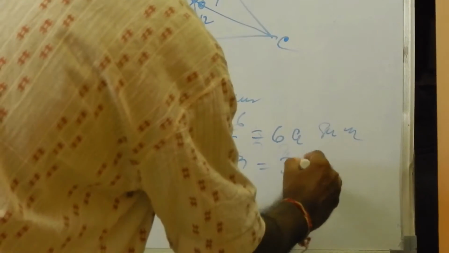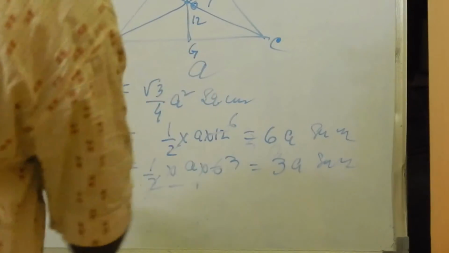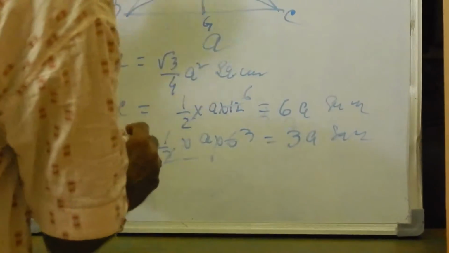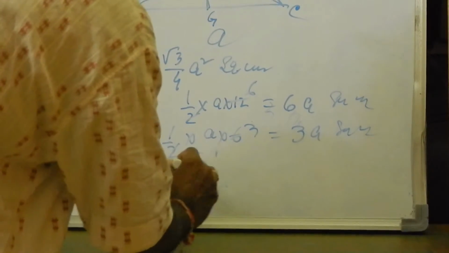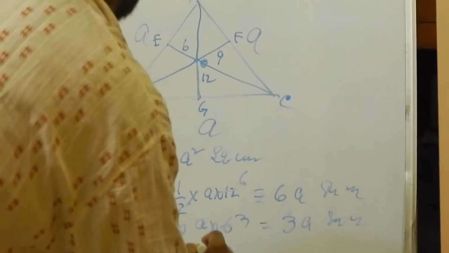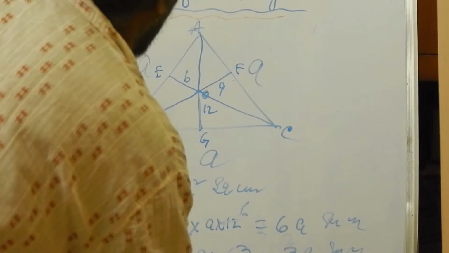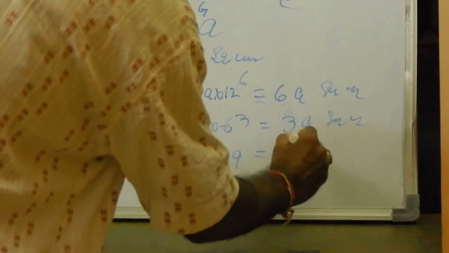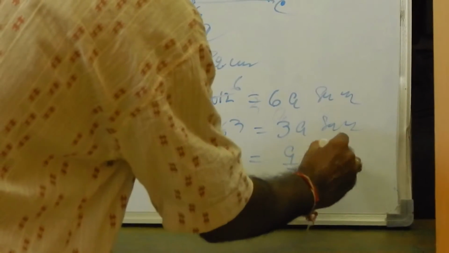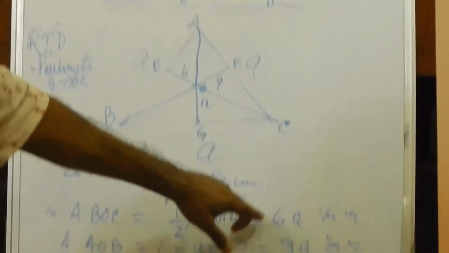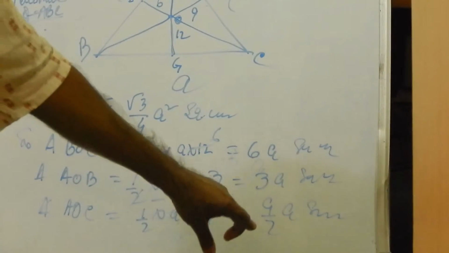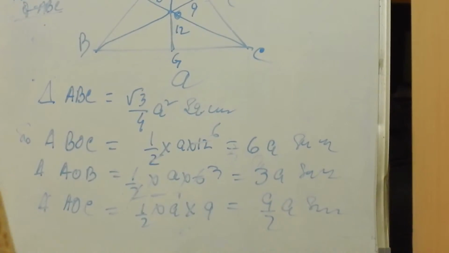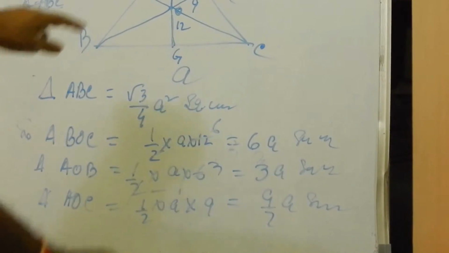So 3A square centimeter. And area of AOC equals half into base again A into 9, equal to 9/2 A square centimeter. So the areas of the 3 triangles are 6A square centimeter, 3A square centimeter, and 9/2 A square centimeter.